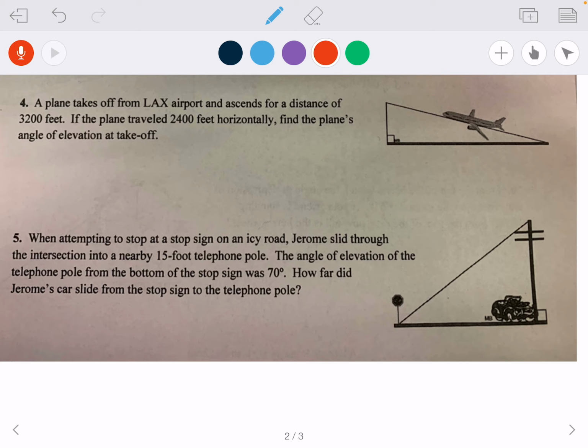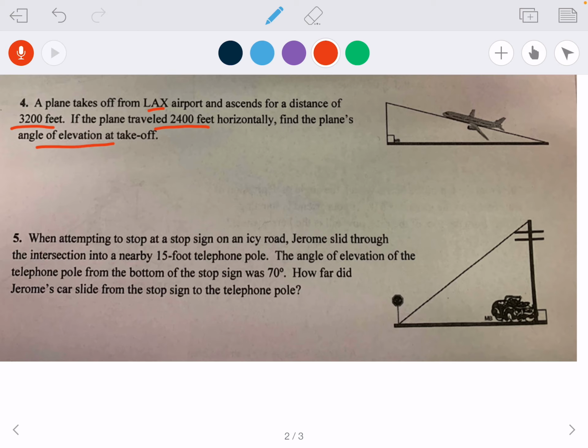All right, a plane takes off from LAX airport and ascends for a distance of 3,200 feet. The plane traveled 2,400 feet horizontally. Name the plane's angle of elevation at takeoff. So with that being said, I'm going to start by labeling.